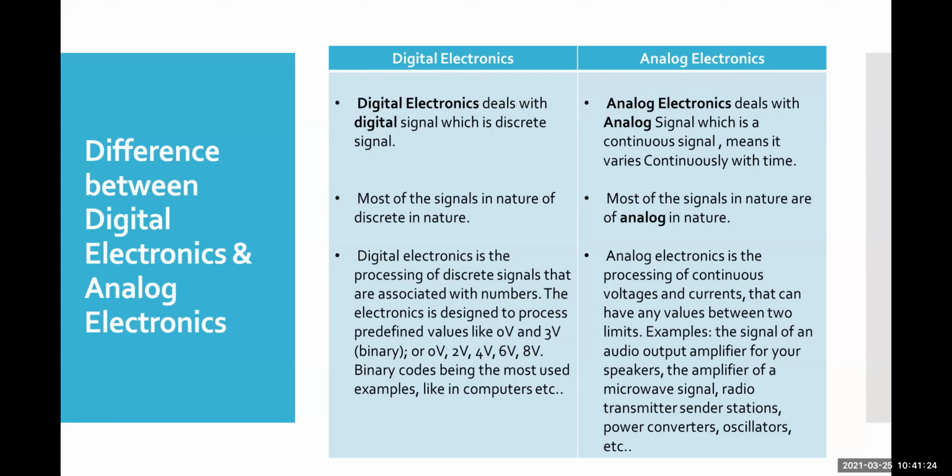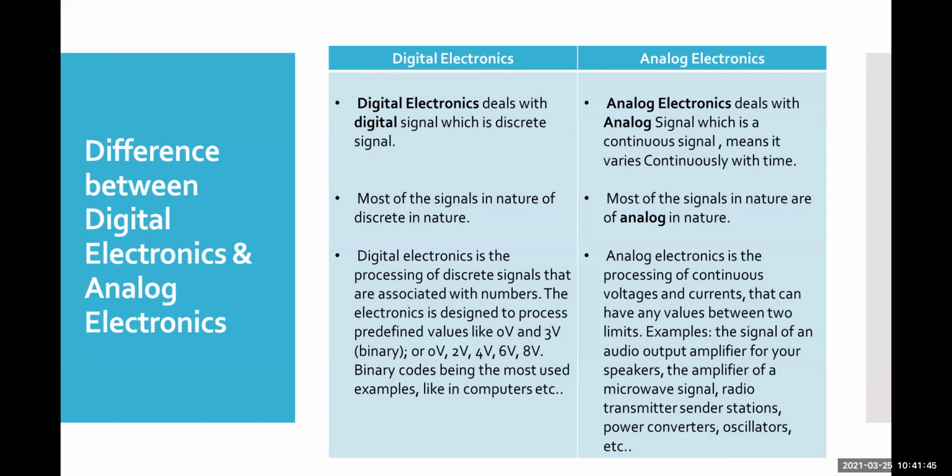Third point, digital electronics is the processing of discrete signals that are associated with numbers. Now they are taking one example. The electronics is designed to process predefined values like 0 voltage and 3 voltage. Now suppose that I am giving the value of the voltage. You have two readings, one is 0 volt and second is 3 voltage.